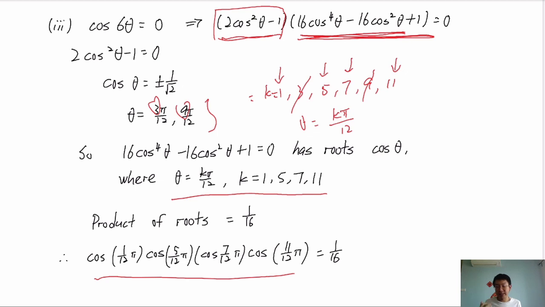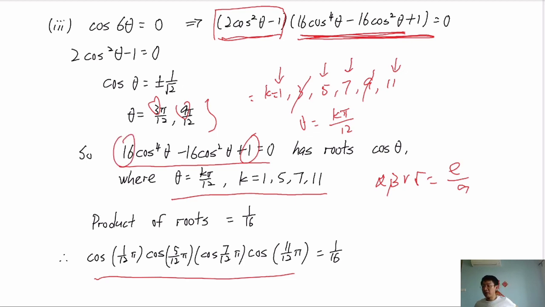By looking at the equation, the product alpha, beta, gamma, delta is E over A. So our E is 1 and A is 16. They are the product of the roots. So when we multiply these values together, it will become 1 over 16. Okay, so this is how we do part 3.